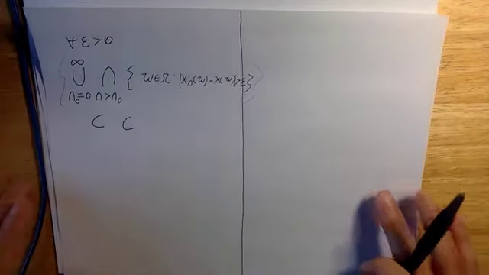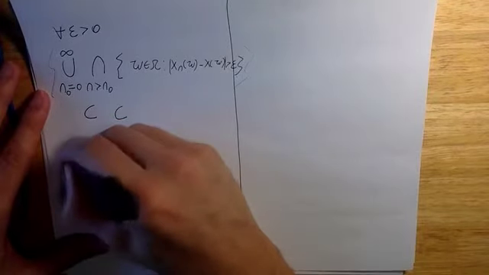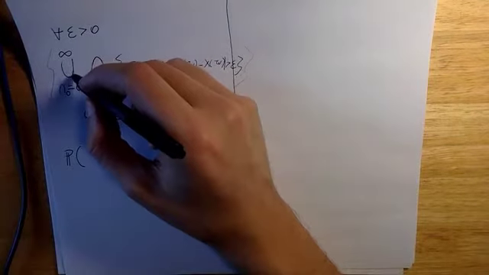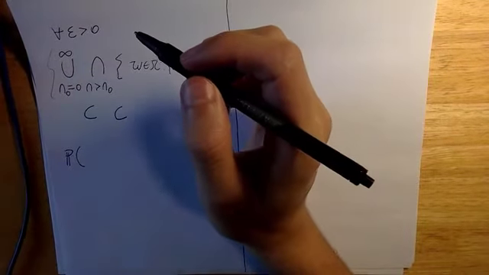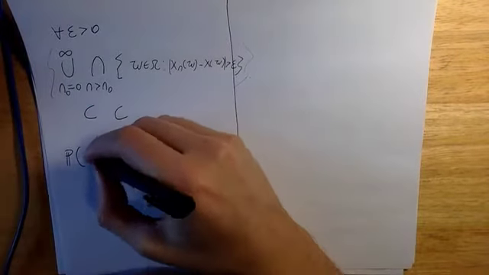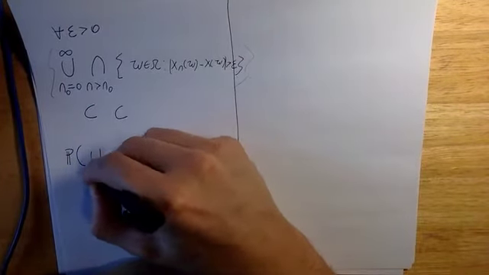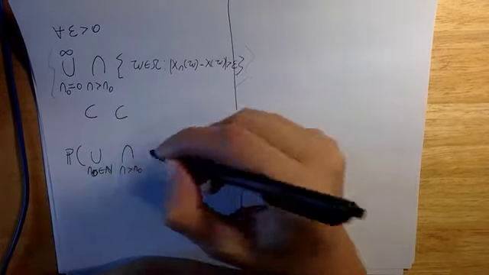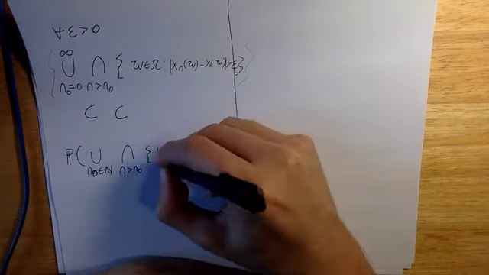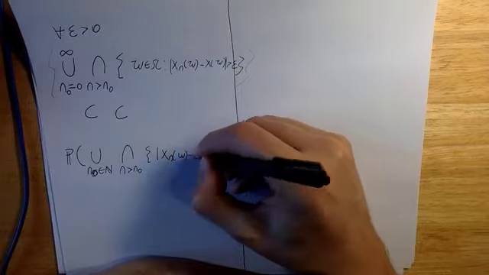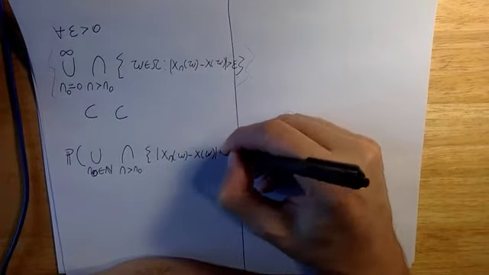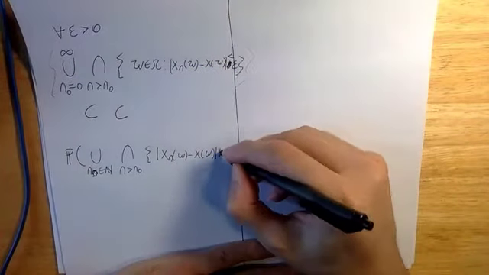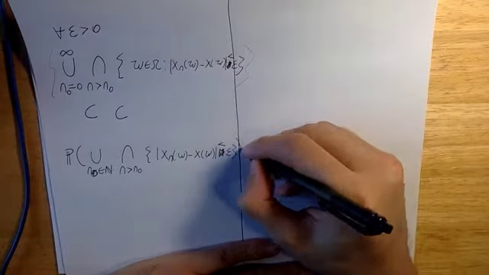So in particular, the probability that the union over n0 in N of the intersection over n bigger than n0 of |xn(omega) minus x(omega)| smaller than epsilon is equal to 1.